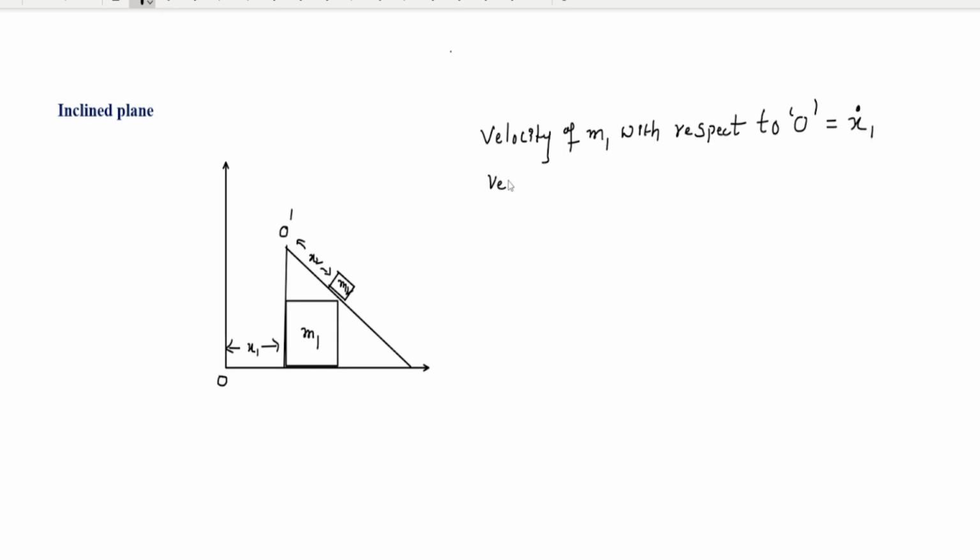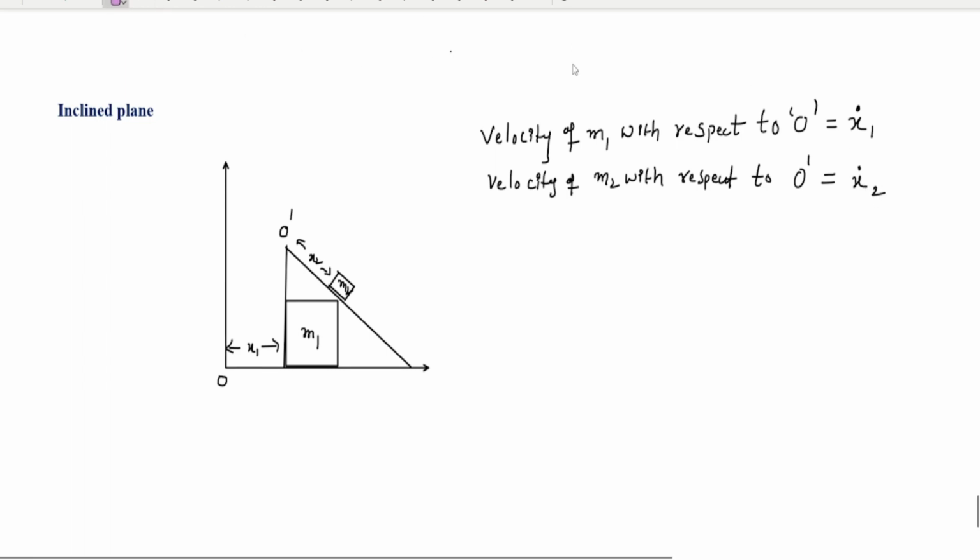Similarly, velocity of M2 with respect to O prime is x dash 2.